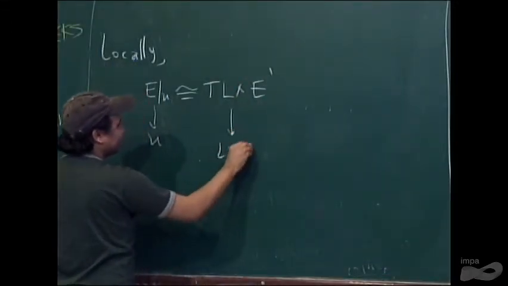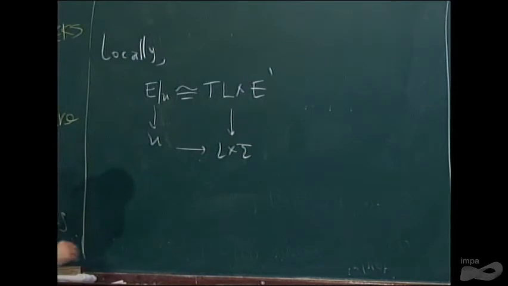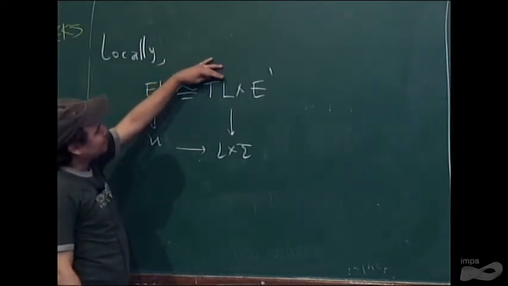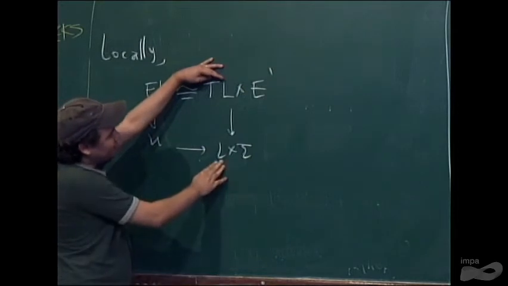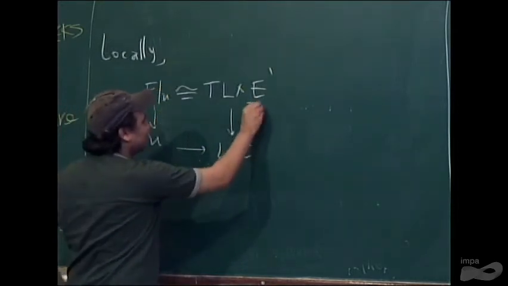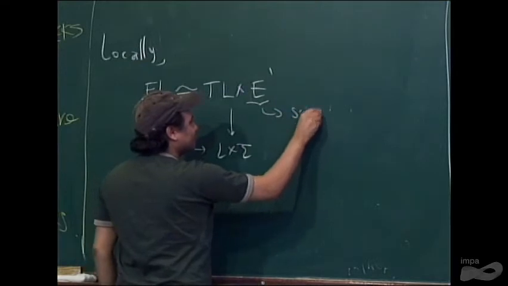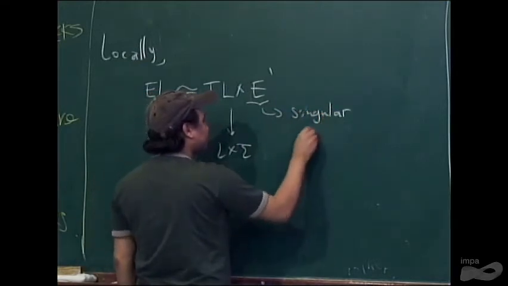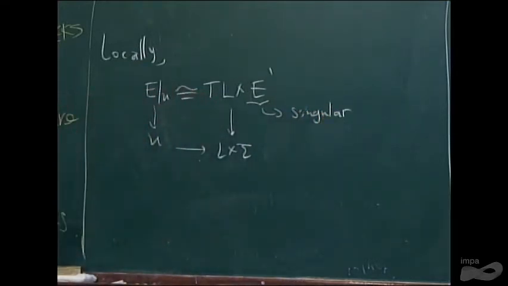We're not talking too much about this part here, but every Lie algebroid is locally the tangent Lie algebroid of some manifold times a singular Lie algebroid. So I'm not entering into the details of this, but there's a reason why we call it splitting. This kind of splitting is the kind of splitting that I'm looking for, but not only for Lie algebroids.